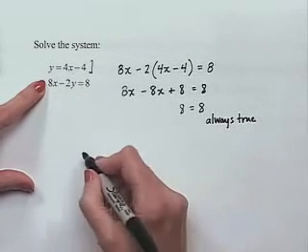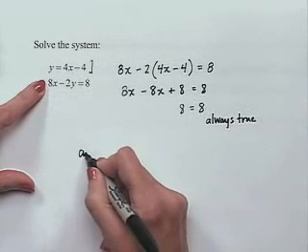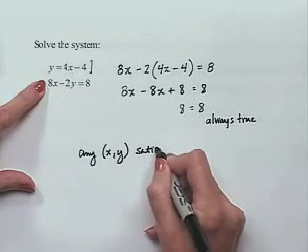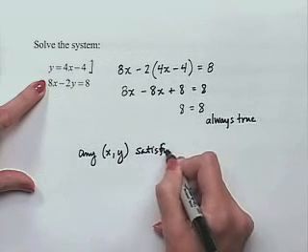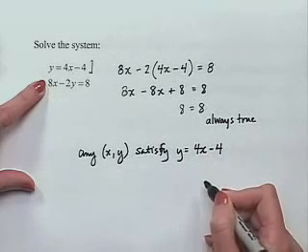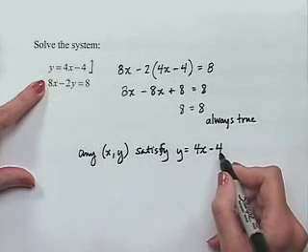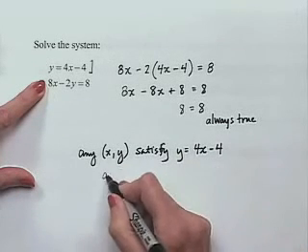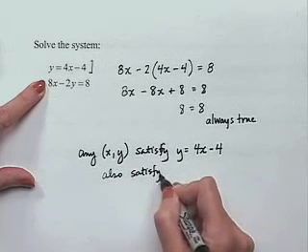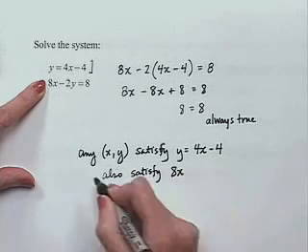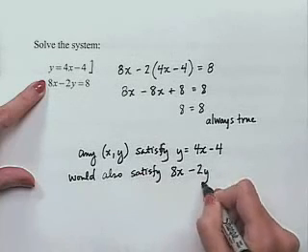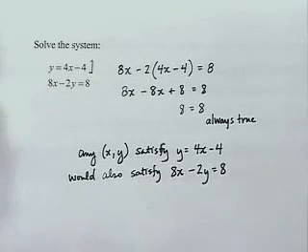What we would say for the solution is that any values, x comma y, that satisfy the first line would also satisfy the second. So any (x, y) that would satisfy y equals 4x minus 4 would also satisfy 8x minus 2y equals 8.